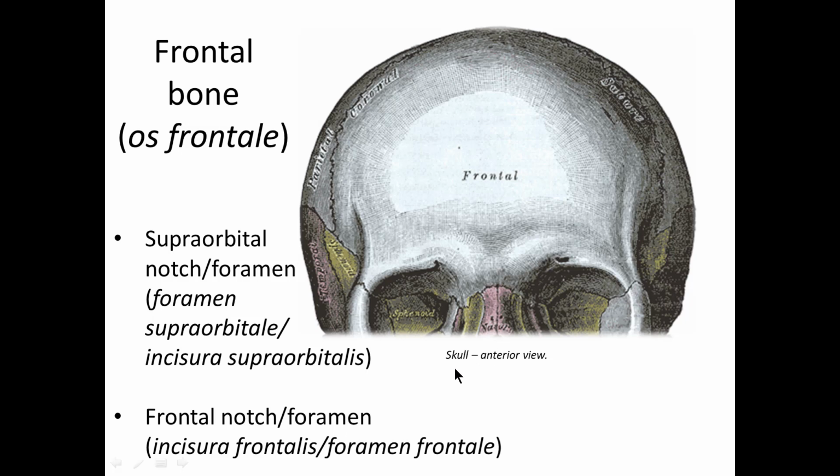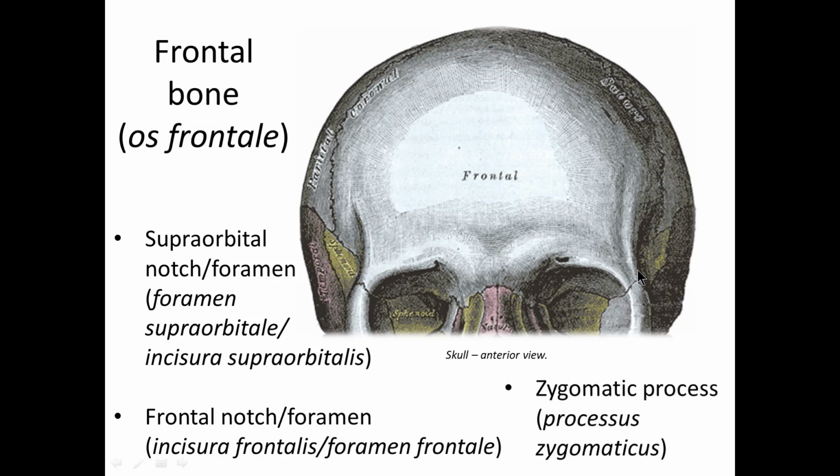The first structure is the passage point for the supraorbital nerve and vessels. The second one houses the supratrochlear nerve and vessels. The supraorbital margin continues laterally as the zygomatic process, here and here, forming a connection with the zygomatic bone.